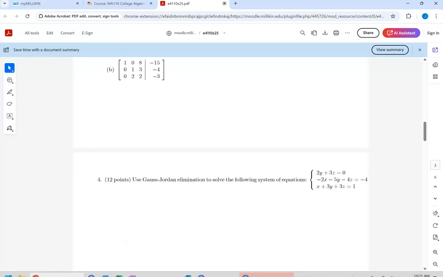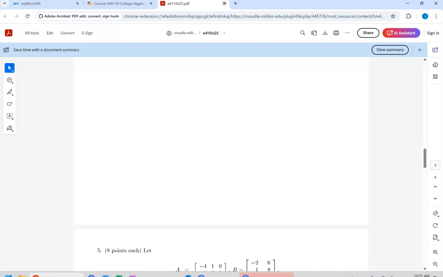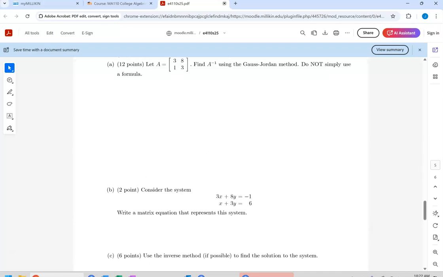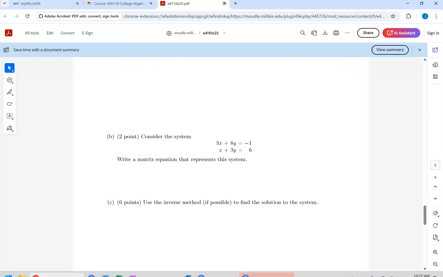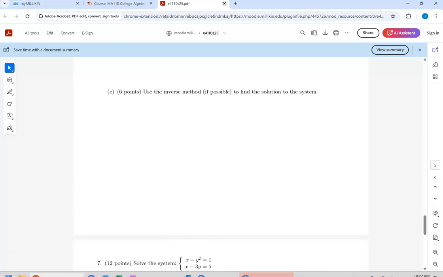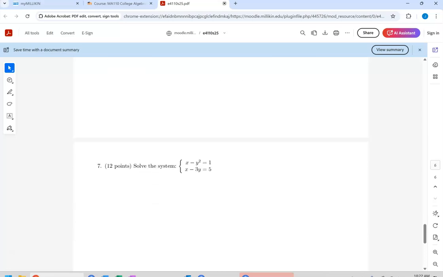It's a little bit bigger. 6 is being able to find an inverse using Gauss-Jordan and then using the inverse method to solve the system. And then 7 was your nonlinear system. So that was on that test. So again, those are the ones that I would focus back on. You should be able to find problems similar to those on old reviews as well.